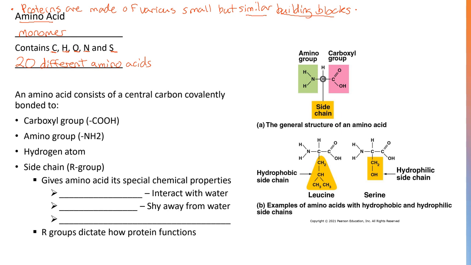Let's talk about the amino acid itself. It consists of a central carbon, which is this one here in the middle, covalently bonded to a carboxyl group, an amino group, a hydrogen atom, and your side chain, which is your R group, a very important part of the amino acid.